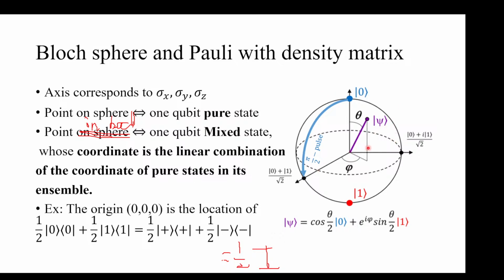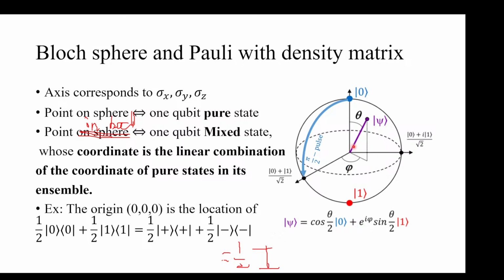So you also see that the completely mixed state is the average of a lot of opposing points. I think we prove in homework that the completely mixed state is the average of any pair of orthonormal basis states.